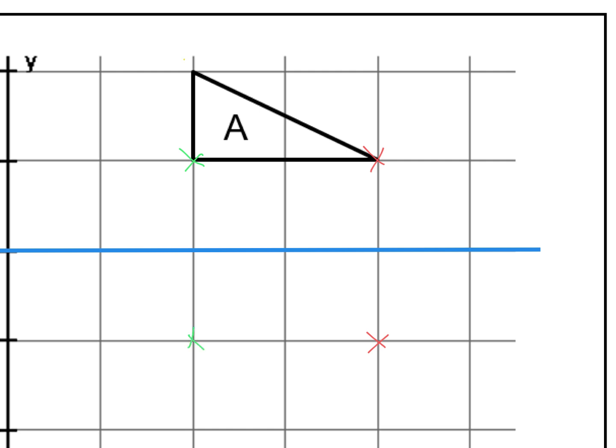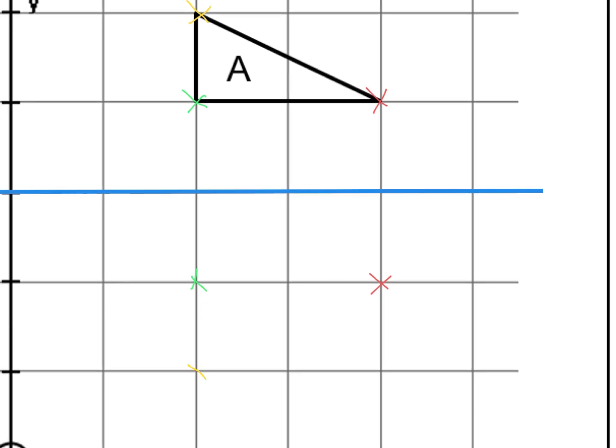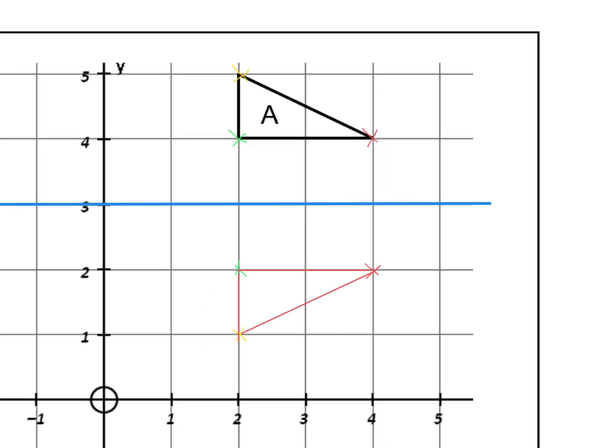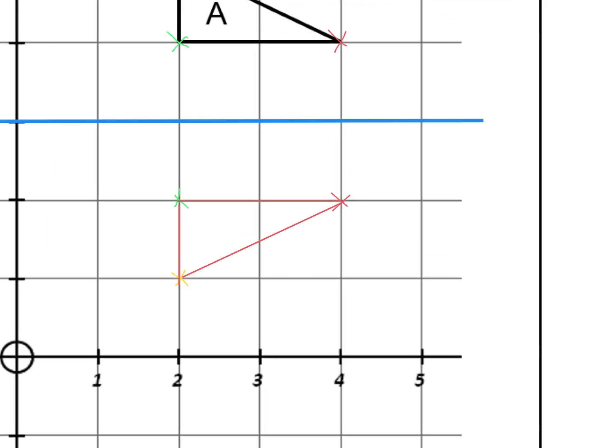And then finally the top point is a distance of 2 away from the mirror line, and if we continue in the same direction, 1, 2, it is at the bottom right here. Once you've got your 3 points, you can join them up with straight lines. That's what you get. I've got to label that B.